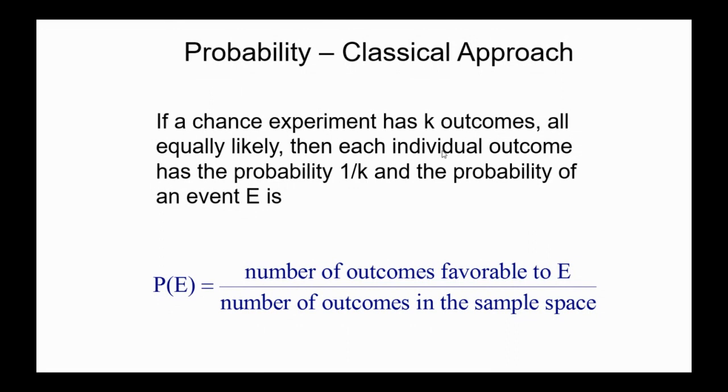So 1 over 2. And if we have a fair die, and I want the probability I roll a 2, well, that'd be 1 over 6.